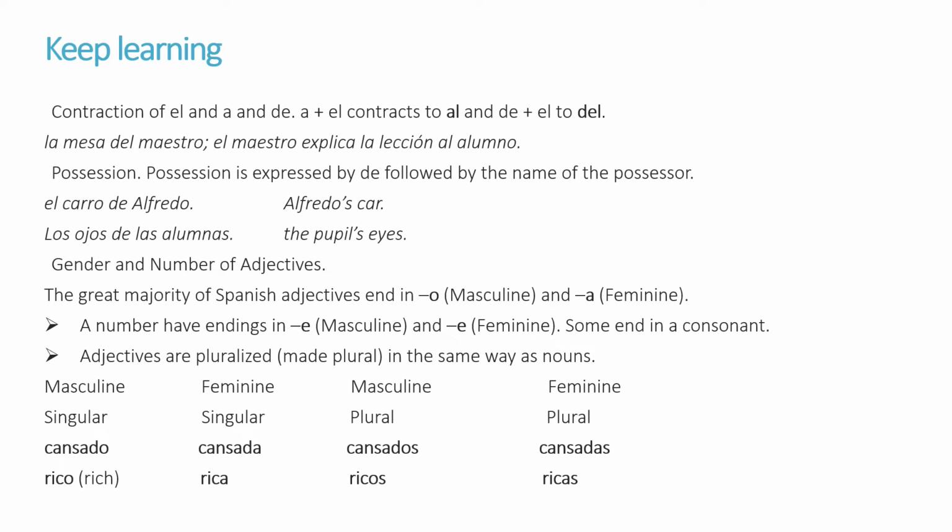Cansado, masculine singular, cansada, feminine singular, cansados, masculine plural, and cansadas, feminine plural. Another example: rico is masculine singular, rica is feminine singular. Ricos is the way to express the masculine plural, and ricas is the way to express the feminine plural.